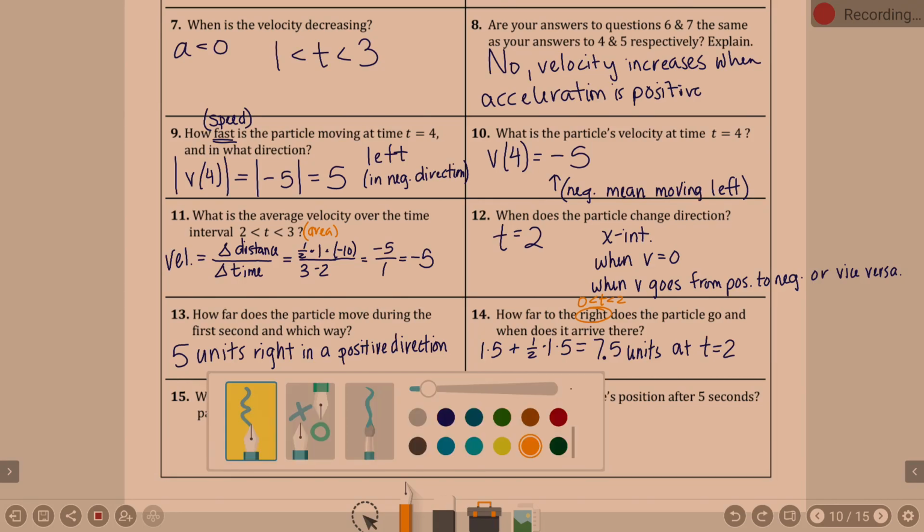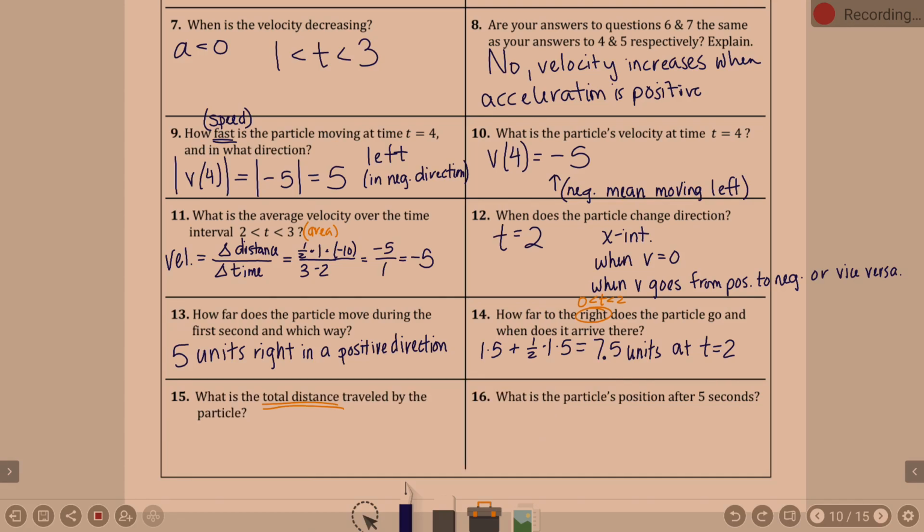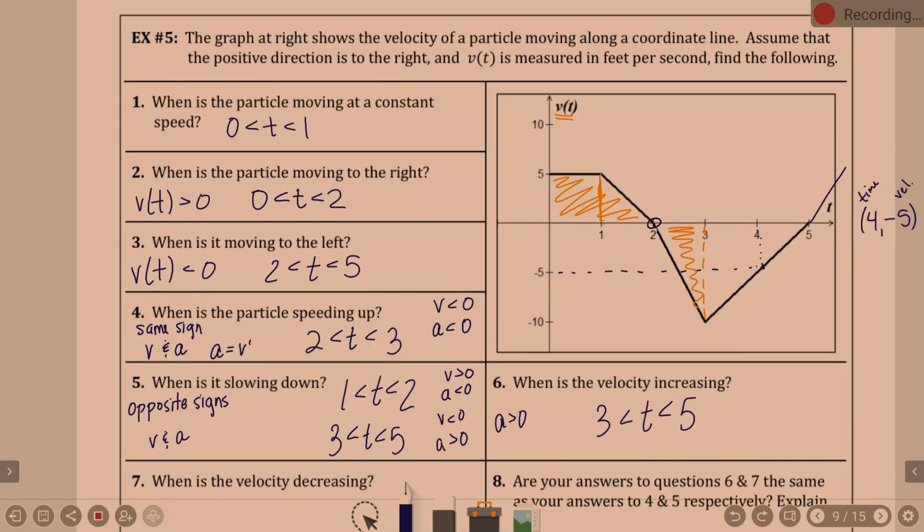You know how far it goes from negative 7.5. 7.5. So what do we already know here? We already talked about that section being 7.5, yes? Yeah. And then that triangle's negative 5. Okay, this triangle it was negative because it was underneath.